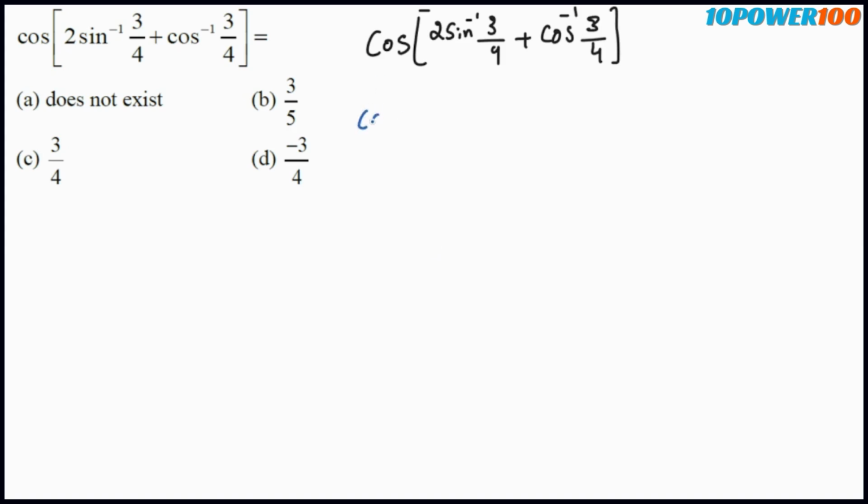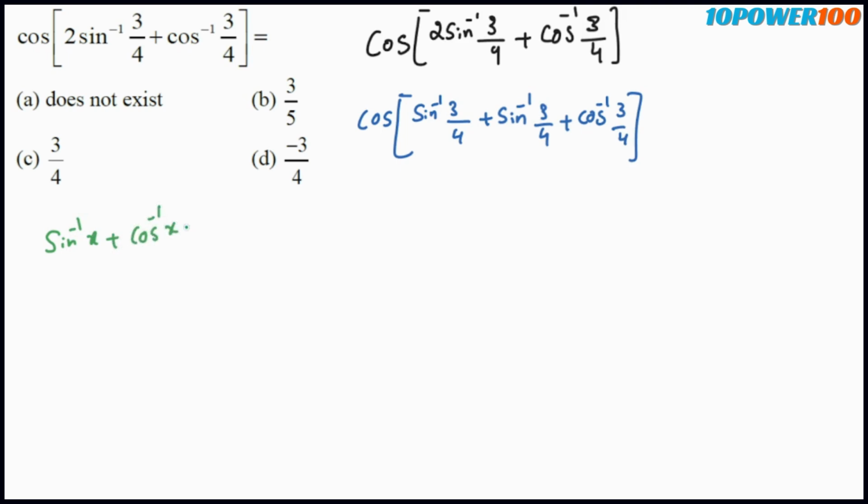That is cos of sin inverse 3 by 4 plus sin inverse 3 by 4 plus cos inverse 3 by 4. Now we know one relation: sin inverse of x plus cos inverse of x is equal to pi by 2. The same thing I'm going to replace here. That value is pi by 2.